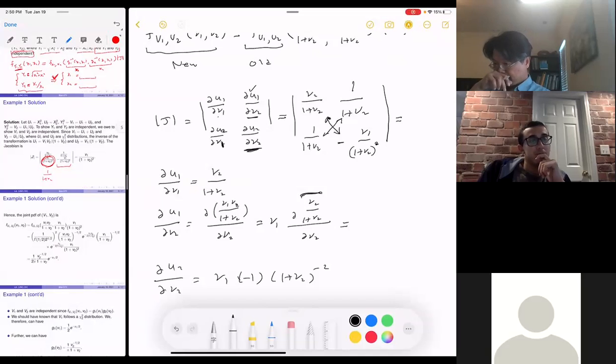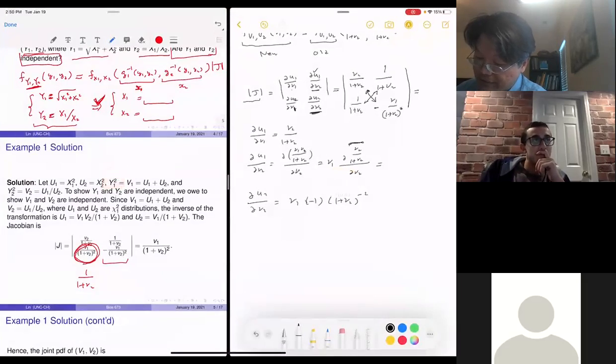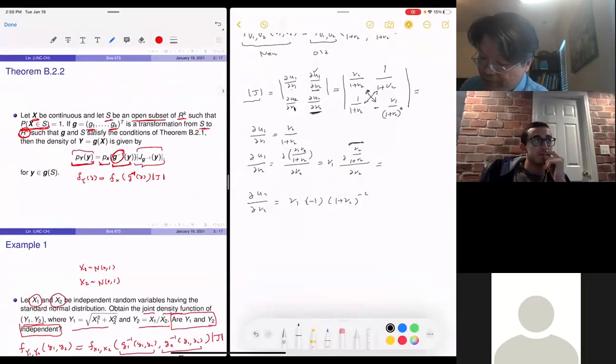Okay, so you work on it, and then eventually don't forget about the Jacobian right here. It's always positive. Imagine the Jacobian has to be positive, otherwise, like I say right here, if your Jacobian is not positive, what happens? Your PDF becomes negative. Did you ever see a negative PDF?